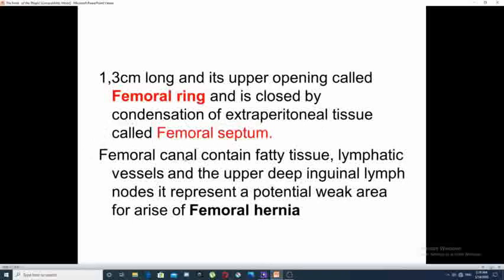The femoral canal contains fatty tissues, lymphatic vessels, and the upper deep inguinal lymph node, and it represents a potential site of weakness for an important disease called femoral hernia.